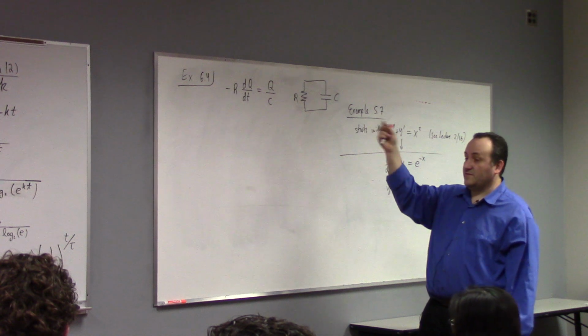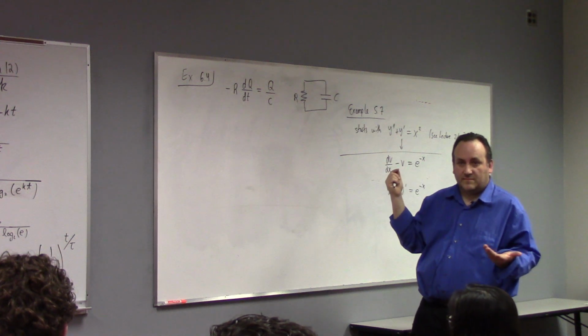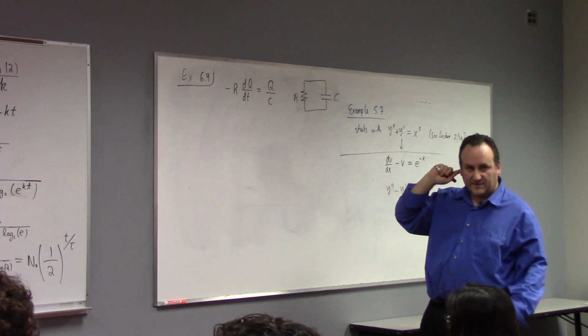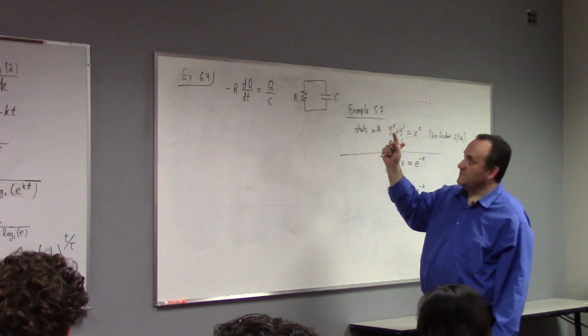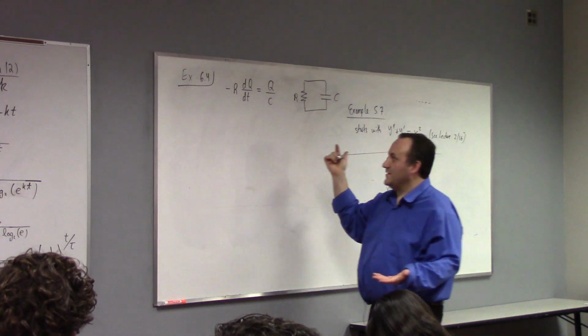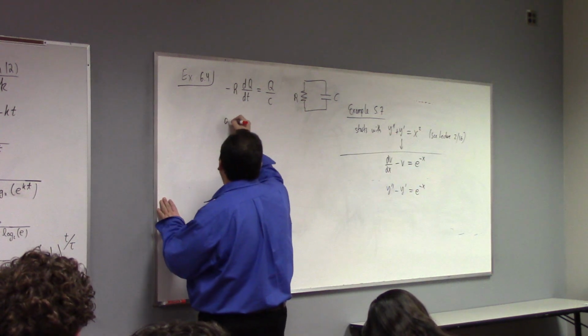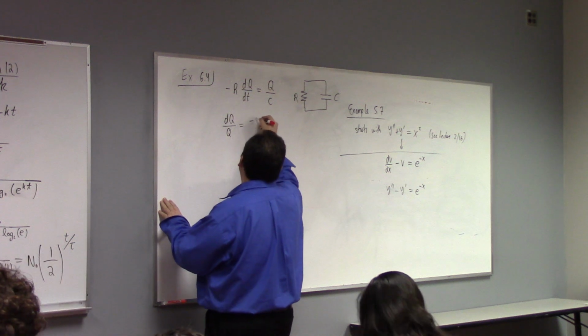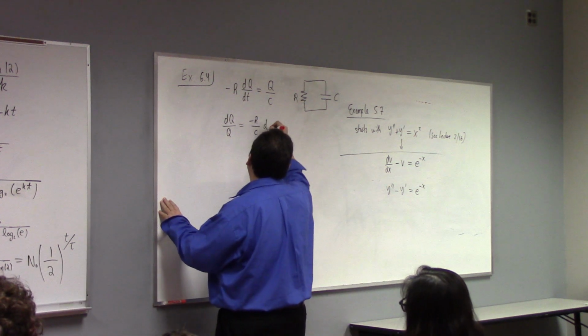So anyway, can you solve this differential equation? Well, yeah, we can, right? Here, by the way, the R and the C are constants, resistance and capacitance. So separate, integrate. It's kind of embarrassingly simple in terms of a differential equation. We have dq over q is minus R over C times dt.